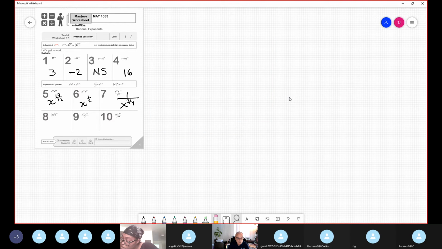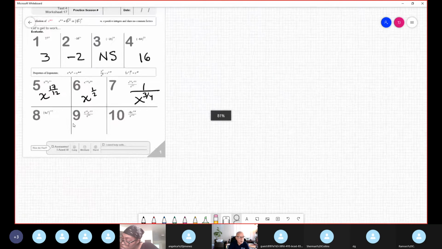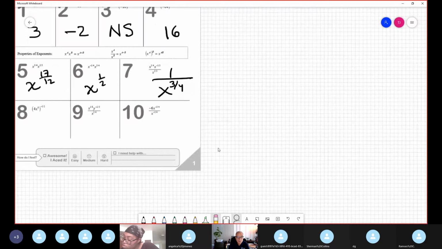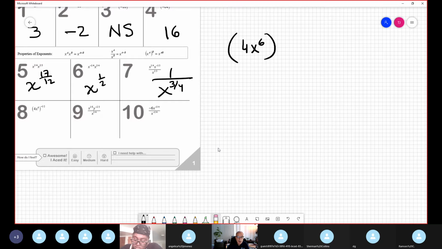Okay, number 8 is, wow, for parentheses. Parentheses: 4x to the 6th power, raised to the -1/2. Wow, negative exponent, I don't like that. So you convert the negative exponent to positive.